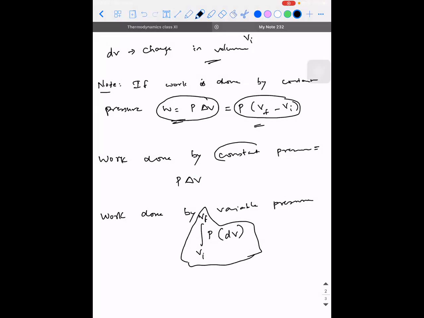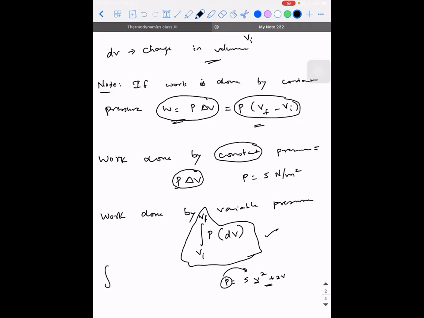No. Constant pressure means pressure is not a function of volume. For example, if they say pressure is equal to 5 Newton per meter square, then the work done at constant pressure will be calculated as 5 into the change in volume. Whereas if they give the pressure as P equals 5V square plus 2V, where V stands for volume, then pressure is a function of volume, and we'll use the integral formula.